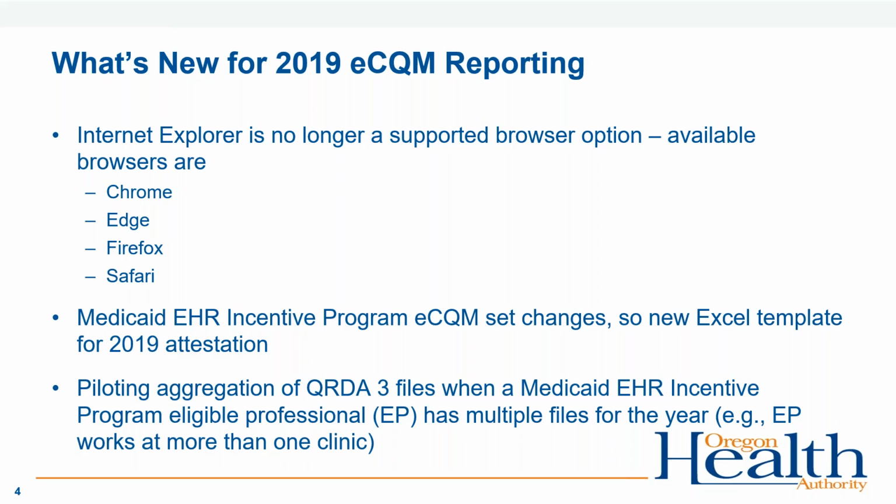So we've been working with our vendor, MyHen, to get functionality available for you to take those multiple QRDA3 files and generate a single file out of that so that you can still use your QRDA3 files for reporting. So that is all that I wanted to touch on as far as what's new this year. And with that, I am going to turn it over to Alan to do our training and demo.